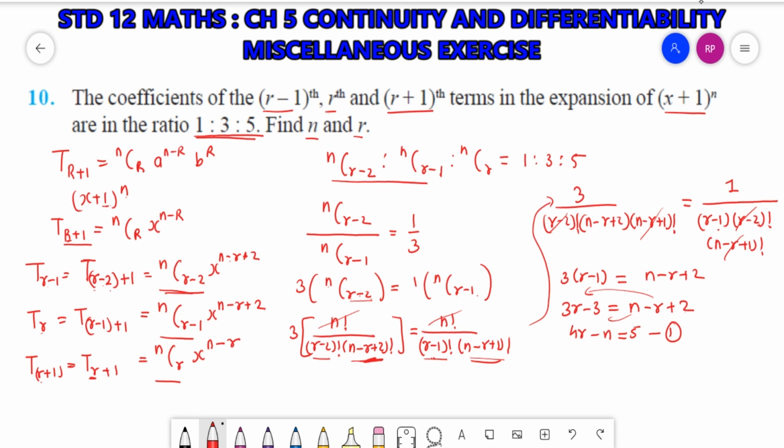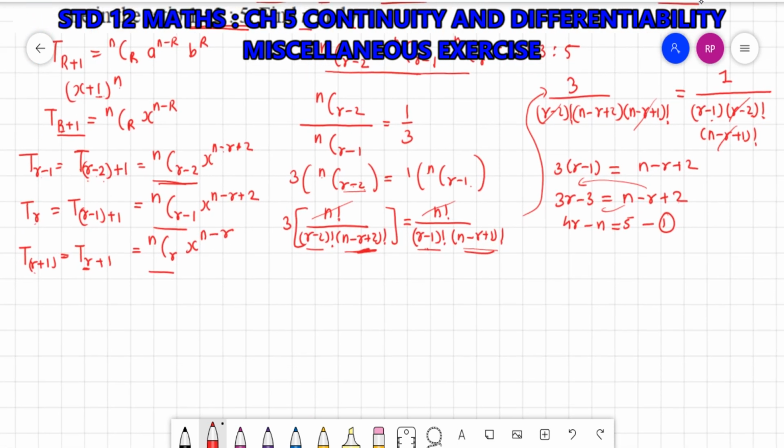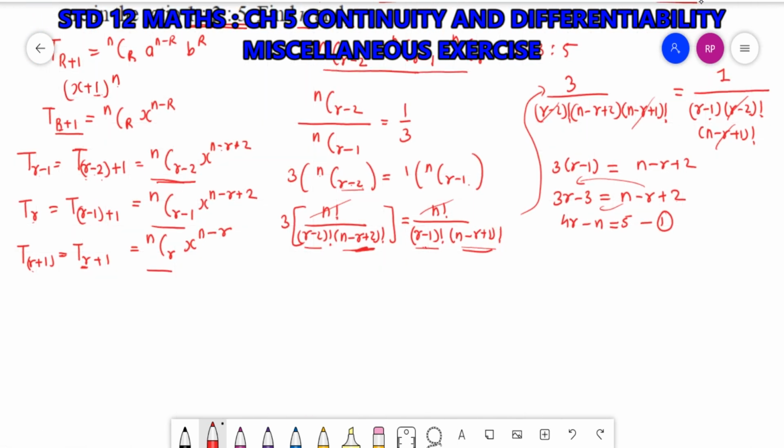Okay. Now let's take the second ratio, means this. nCr-1 upon nCr is equal to 3 is to 5.